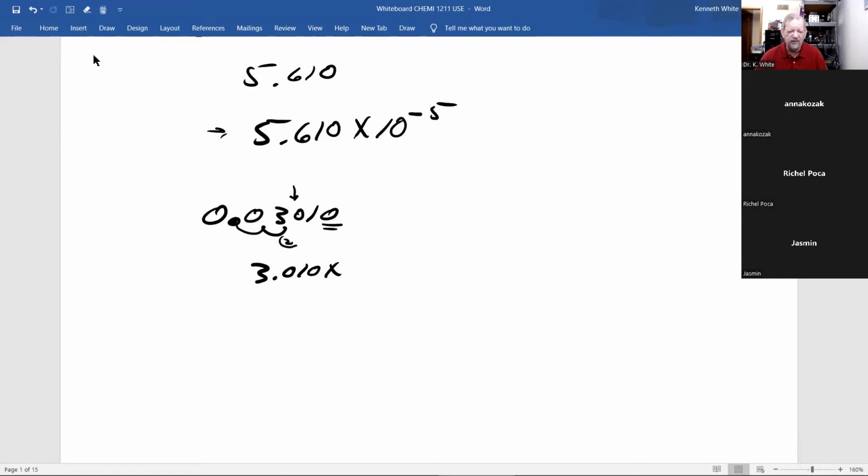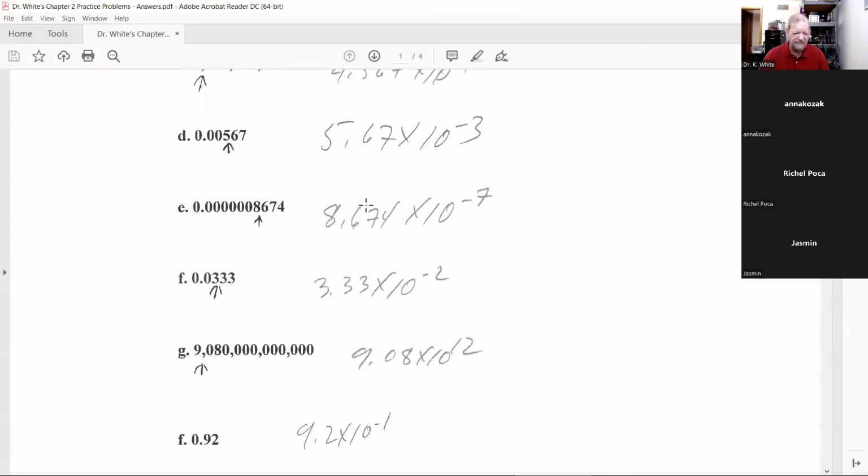And we moved it 2 times. Remember, 10 to the x is negative when this number is less than 1. We moved it 2 times, and that's how you do it. And this is a skill you should have. And let's continue on.